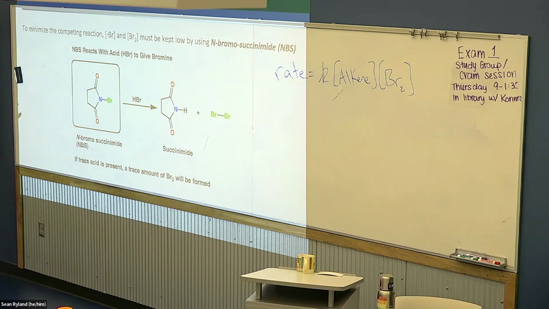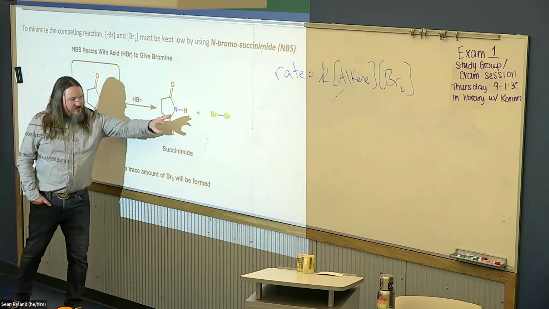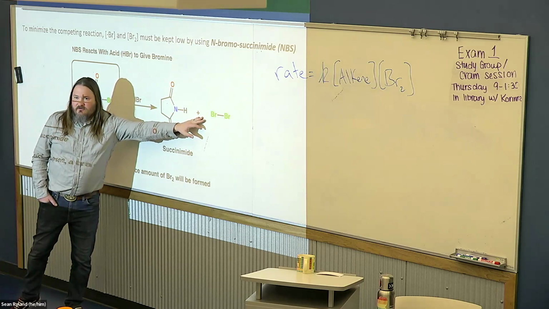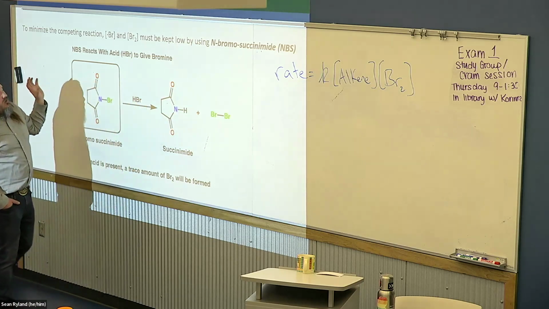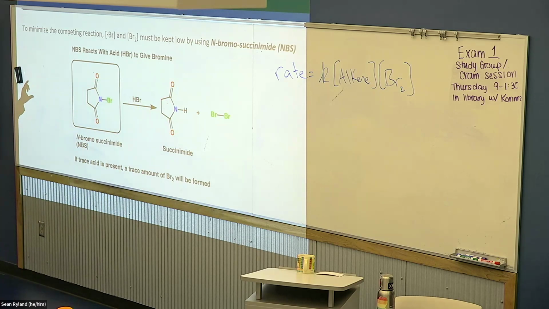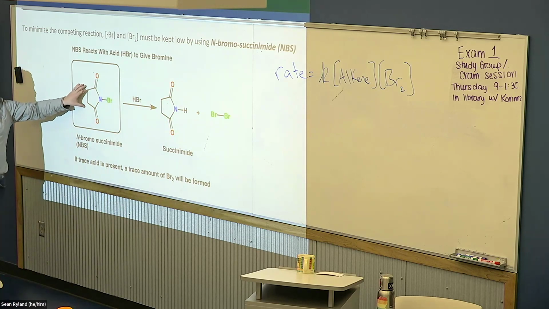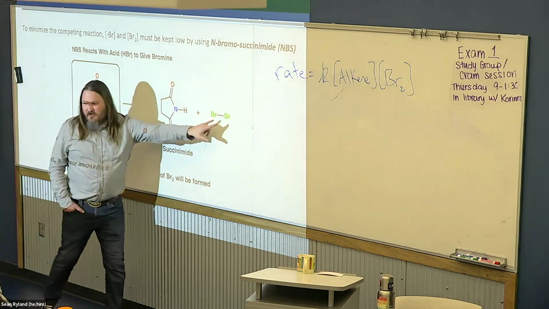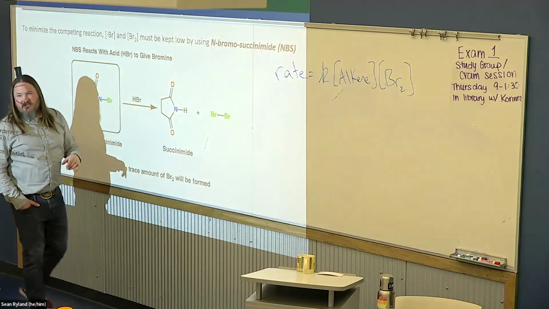But basically what happens is you generate a small amount of Br2. And this is again another case where the reason I went to this one instead of our textbook's figure is that there's some disagreement among textbooks still as to whether this goes through a homolytic cleavage to give you bromine radical directly, or if it makes Br2, which then goes through homolytic cleavage.